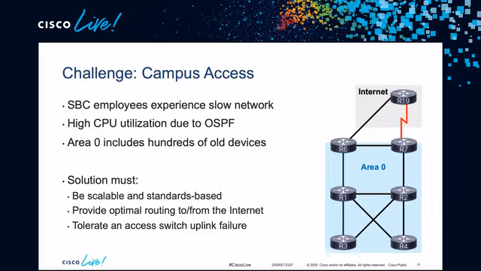We also need to provide optimal routing to and from the internet. Now, it's worth noting that the red serial links in the diagram are the slower links, so when you see those, those are links we generally want to avoid and use for backup only. The solution also has to tolerate an access switch uplink failure, which means if the link fails between R1 and R3, we still need optimal routing to and from the internet.